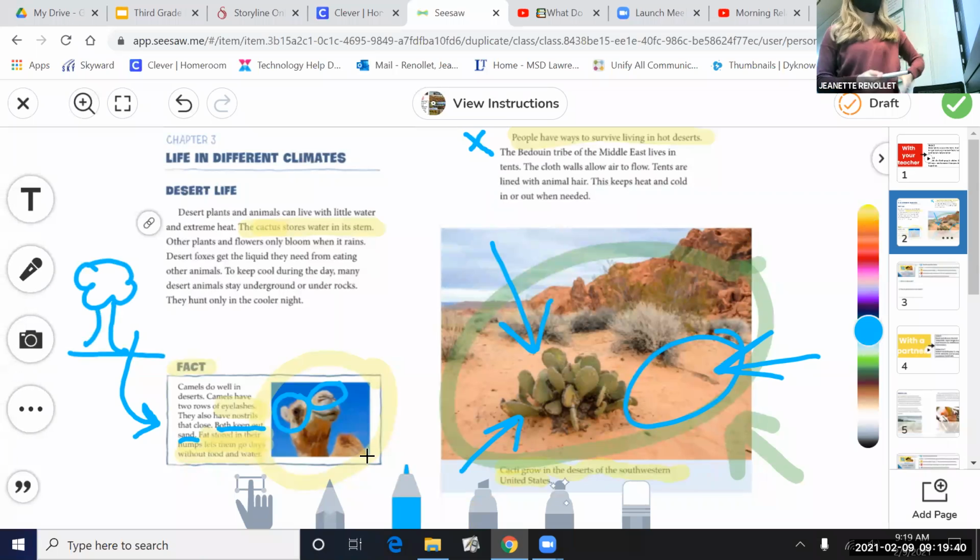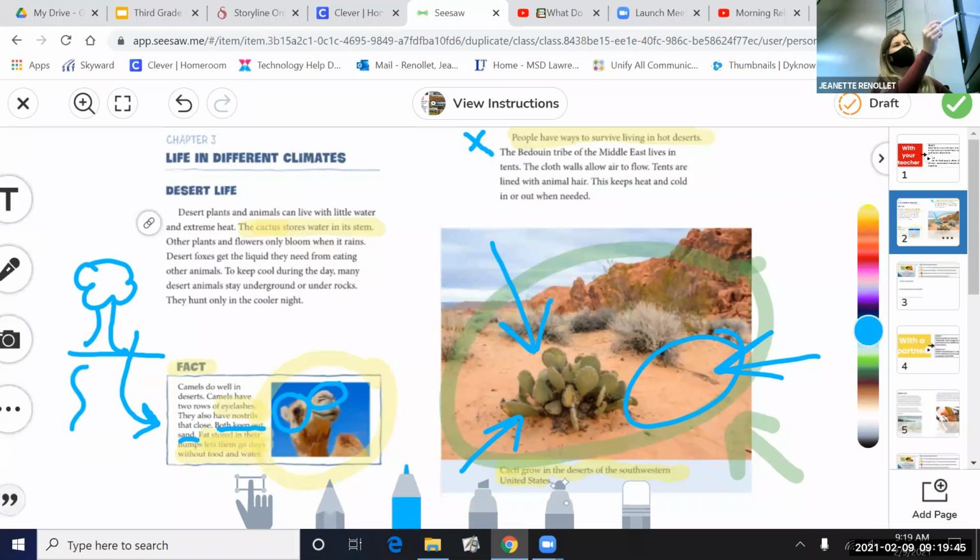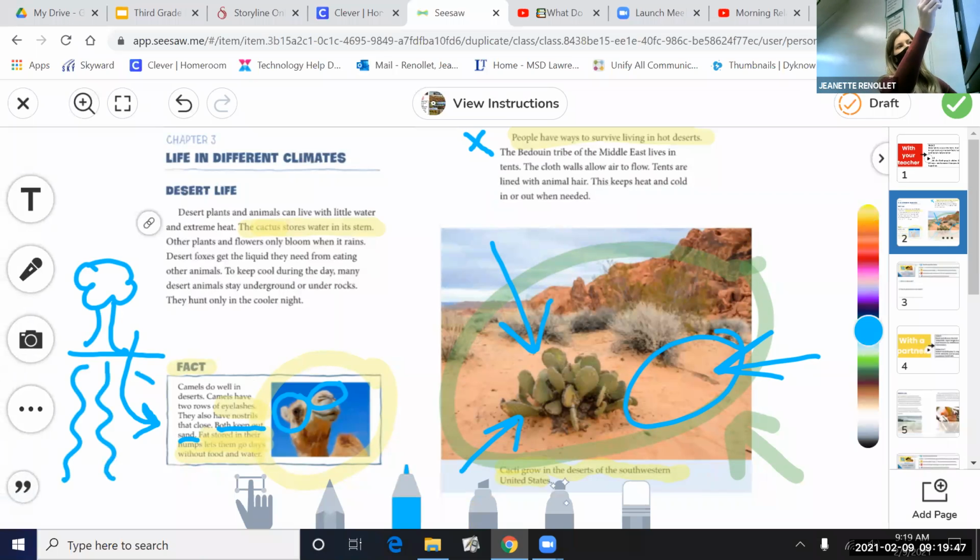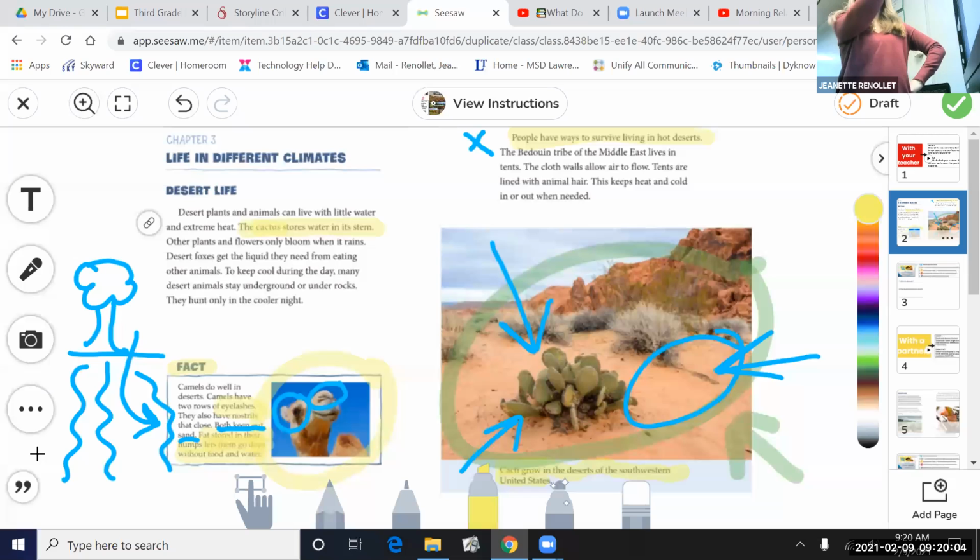Remember this? The trees have roots that go way down into the soil. We learned about that as well. So today, when you're thinking about plants and animals, I want you thinking about how the plants survive for a long time without water. Here's something I noticed. Other plants and flowers only bloom when it rains.